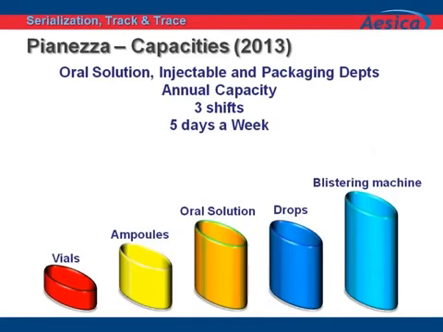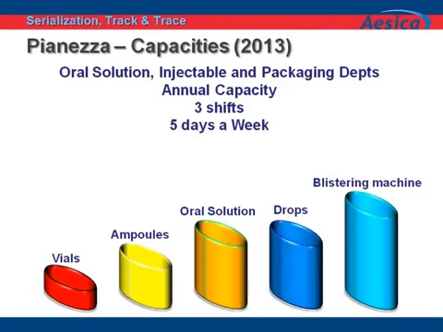To understand the impact of the serialization part on production, I want to give some figures about the volume that we manage at the site. We are a site that works in 3 shifts, 5 days a week, so we produce a very huge amount of product.